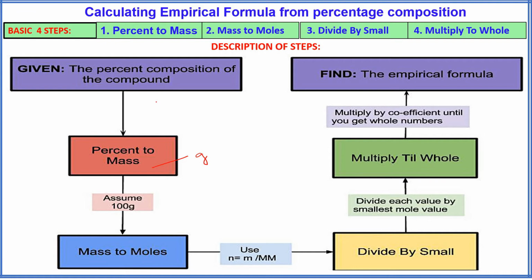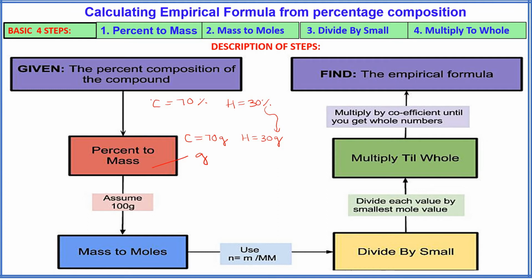For example, carbon percentage is 70% and hydrogen is 30%. In the first step, convert this percentage into grams. Carbon is 70 grams, hydrogen is 30 grams. That means the percentage is converted into grams. That is the first step.